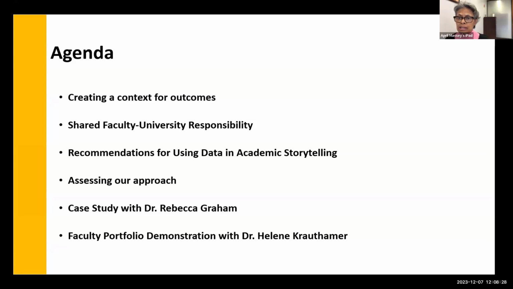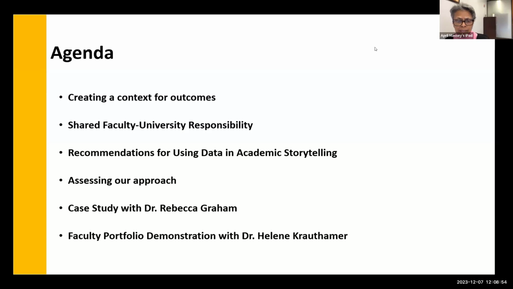Recommendations for using data in academic storytelling, and that's a big piece of the work that Fatma and Rebecca have been doing. Dr. Graham is going to give us a good and deep dive into the use of this new opportunity strategy through Blackboard. Then we're going to be looking at how we assess the approaches that we're using.